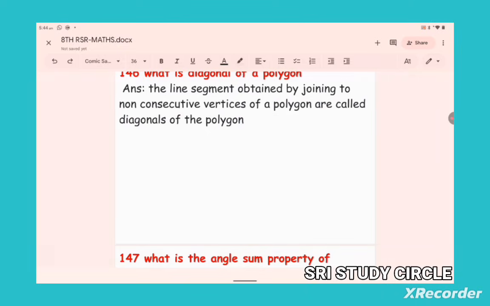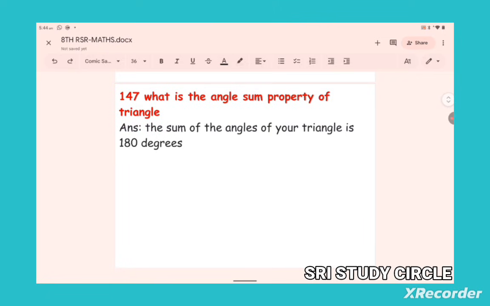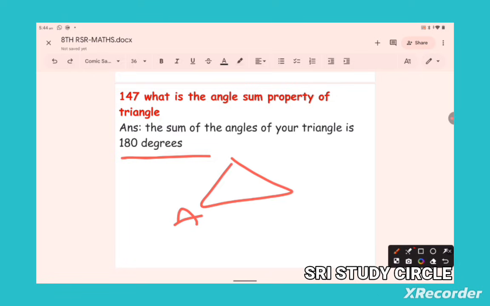Okay, right. Next, what is the angle sum property of a triangle? What we know here, 180 degrees. The sum of three interior angles of a triangle is equal to 180 degrees. Suppose ABC is a triangle.